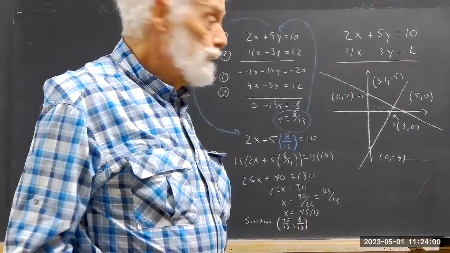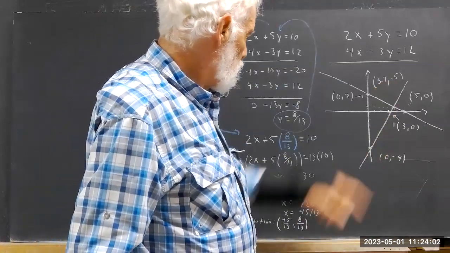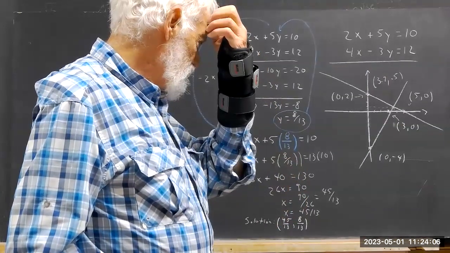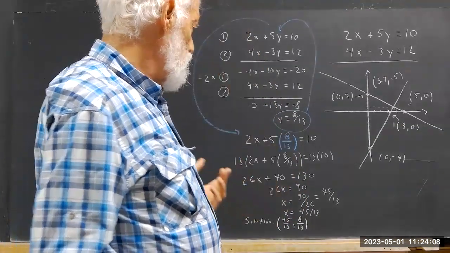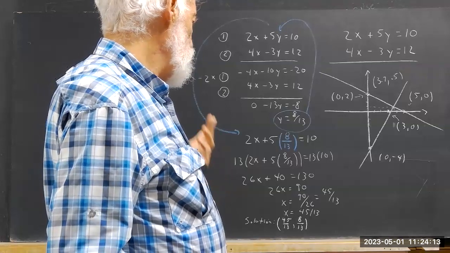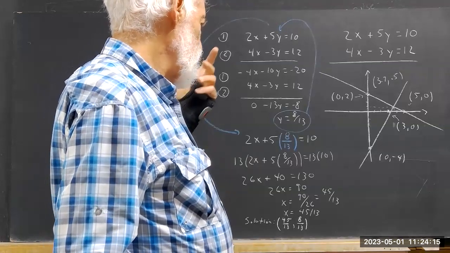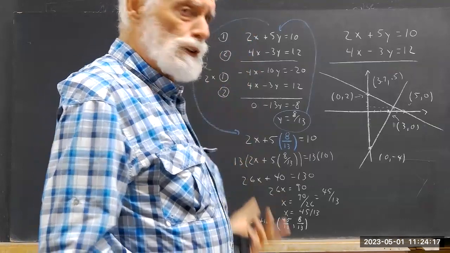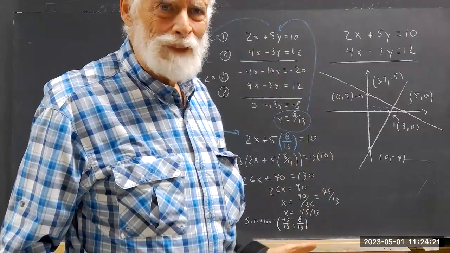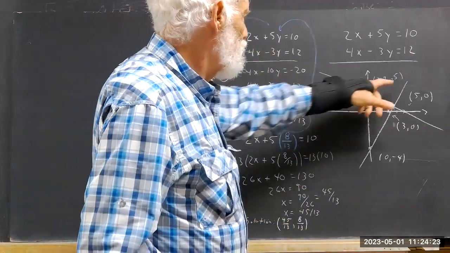At 8/13, our estimate was 0.5. Okay, 8 over 13 is about 0.62, instead of 0.5.